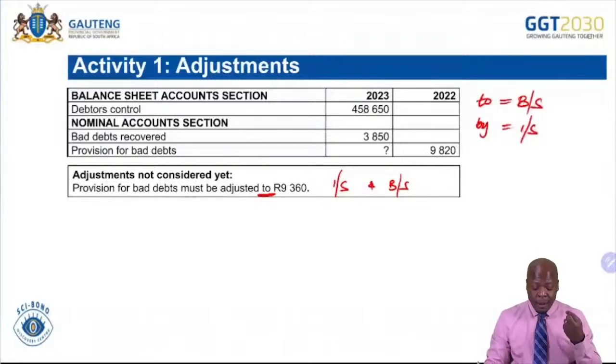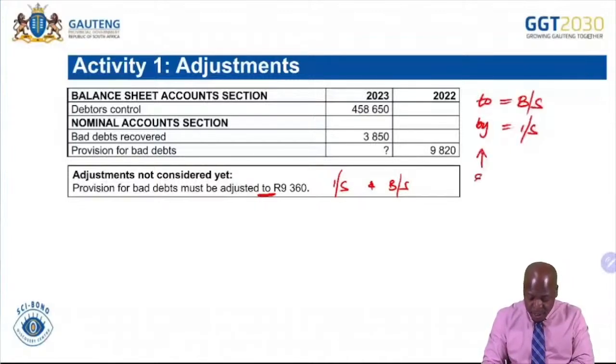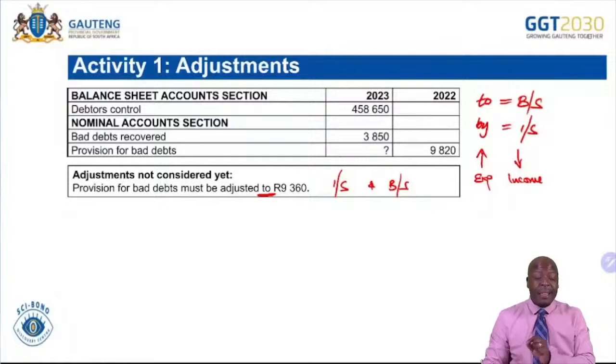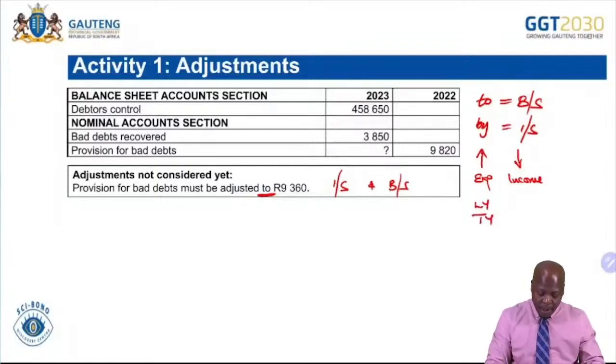To get the by, you are either going to get an increase or a decrease, whereby if you get an increase, this will be an expense, but if you get a decrease, this will be income. But for you to get either the increase or the decrease, you must do a comparison between last year and this year. Last year, the provision for bad debts was 9,820, this one over here.